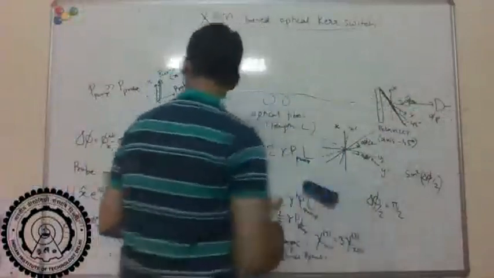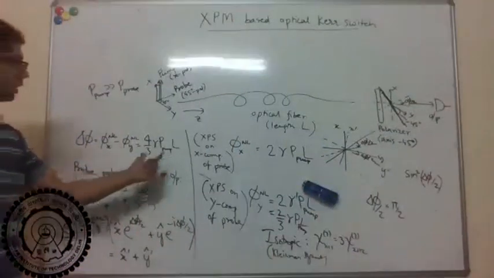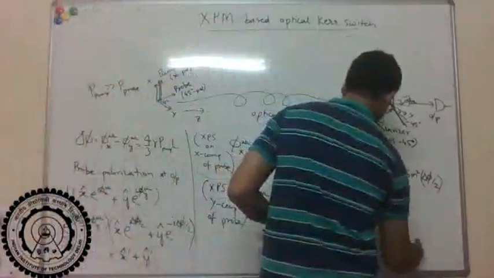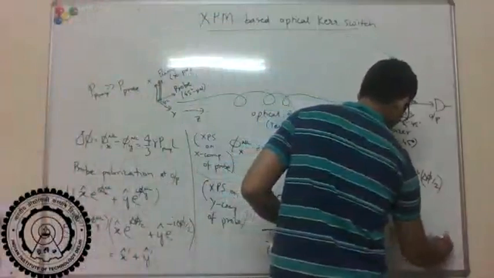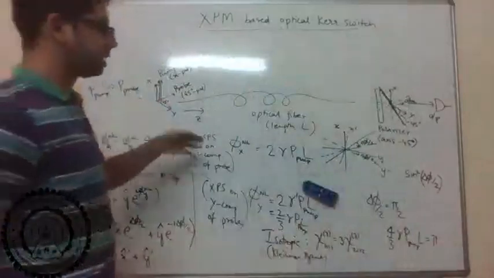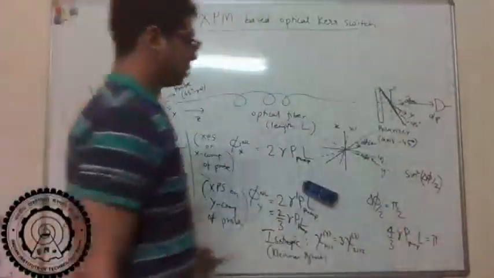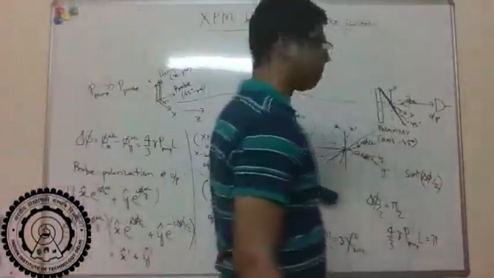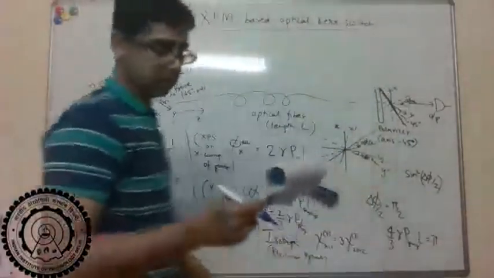And delta phi we know is this value. So basically, if 4 by 3 gamma times pump power times length of fiber is equal to pi, then whenever the pump is present, I can switch all of the probe to pass through. Okay, so length of the fiber is under my control, whatever I want to take. Gamma is for the material given, glass. So I can choose the pump power which gives me this.